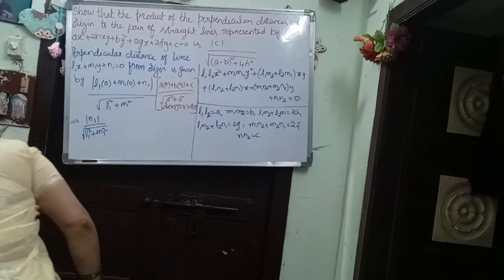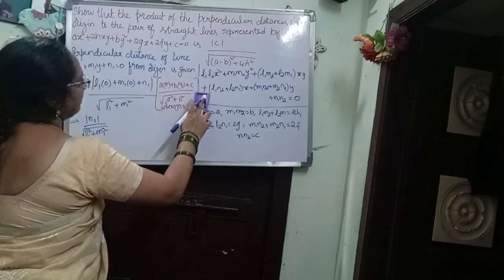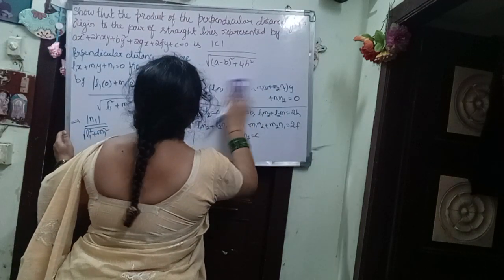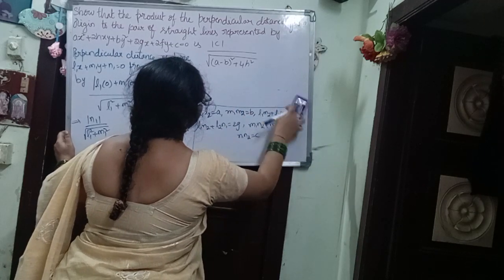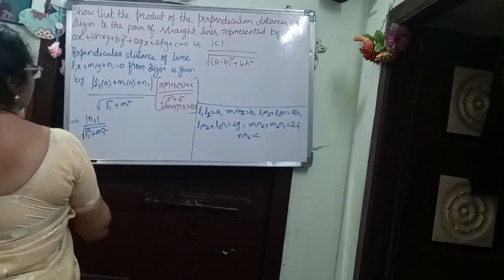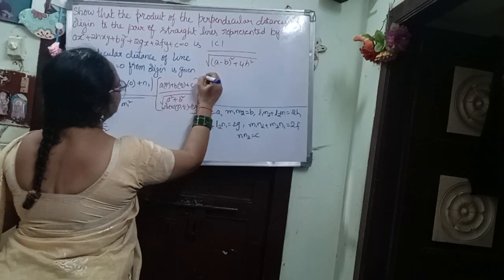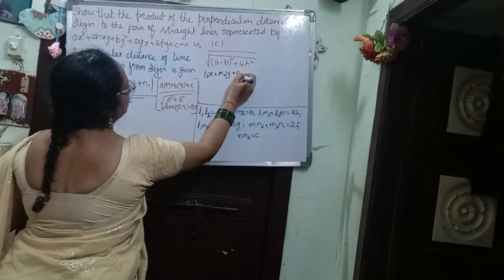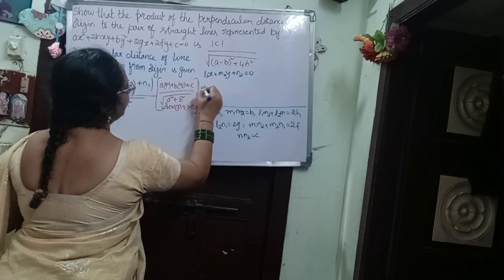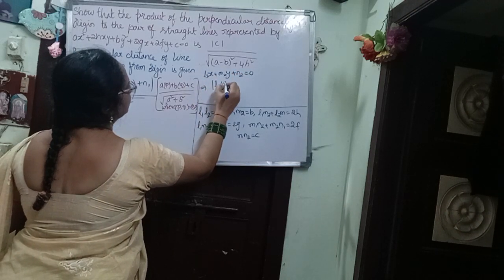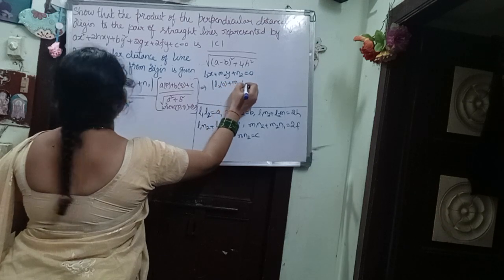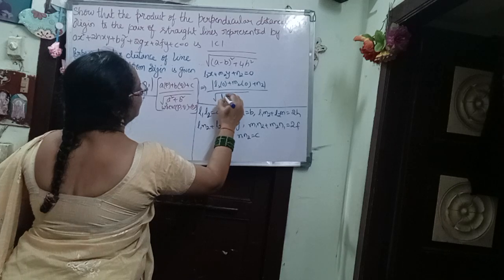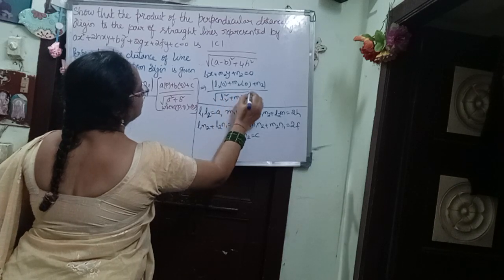Now for the second line you have to see. What is the second line? L2x plus M2y plus N2 equal to 0. For this what you will get? Mod of L2 into 0 plus M2 into 0 plus N2 by root of L2 square plus M2 square.